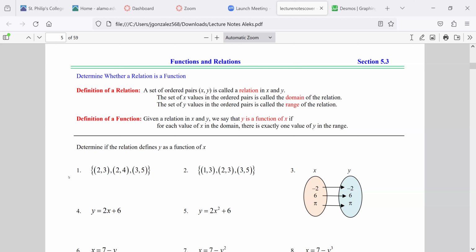So for example, look at number 1. Do you see how this x is paired with 3 and 4? That's not a function. As soon as you see that, these are your x's, right, your y's, right?